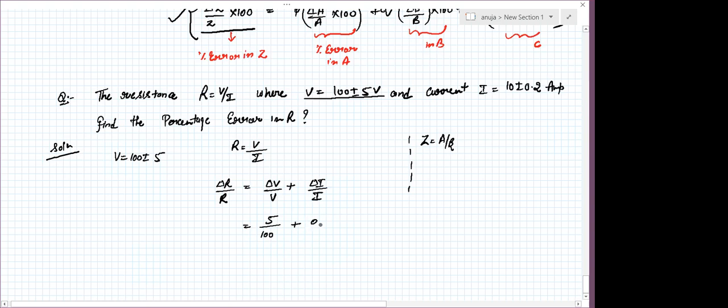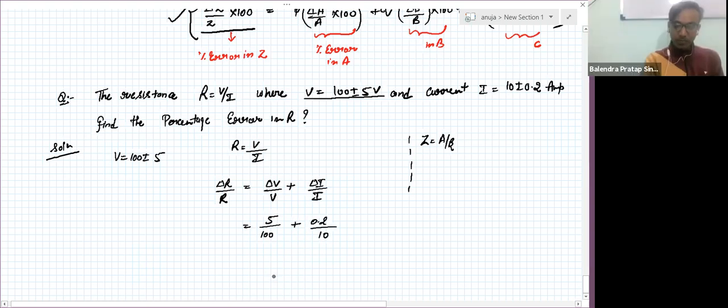Okay. So this is basically the relative error, or you can directly find the percentage error by multiplying it with 100. So the percentage error, delta R over R into 100%.